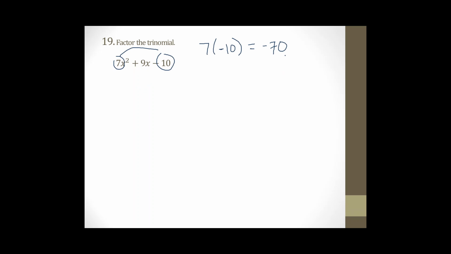So now this is the number that I'm going to use to find those 2 numbers that multiply to give me negative 70 and add to give me 9.